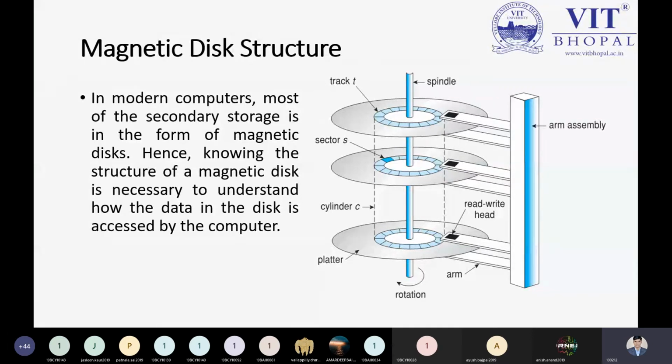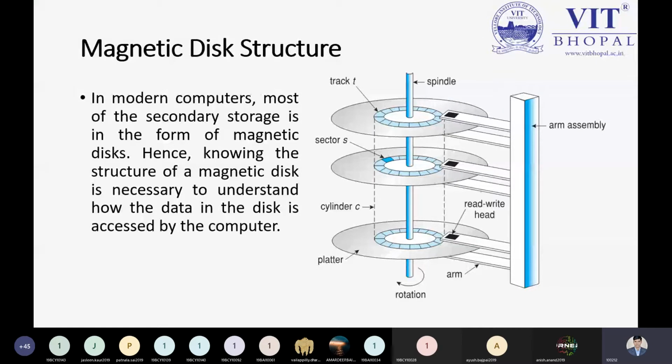So what we have is the plate, and that is known as the platter. This spindle is connected to all the disks, so we can put all the disks in the form of plates in a sequential manner. Through the spindle, or we can say through the rod, it is a core part of the accessibility of the disk.